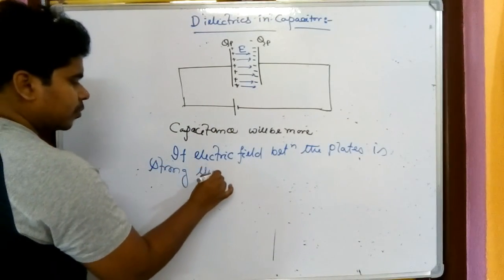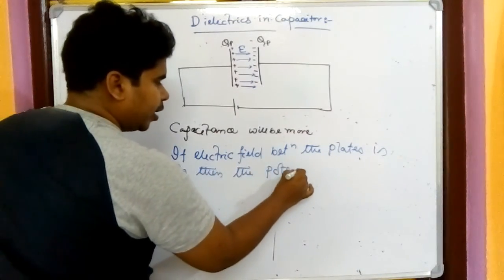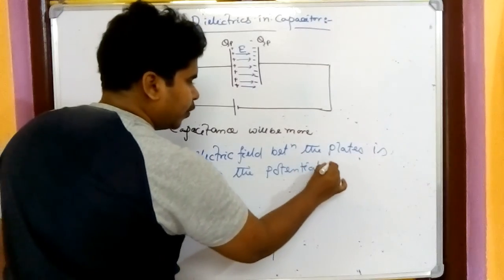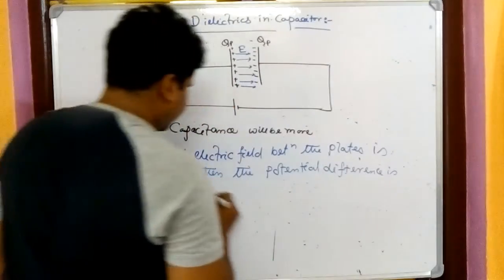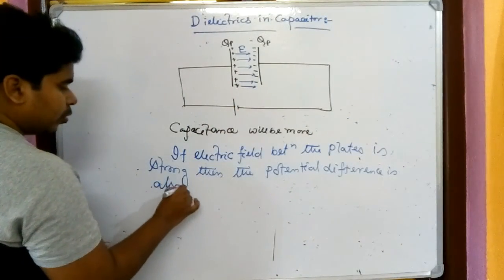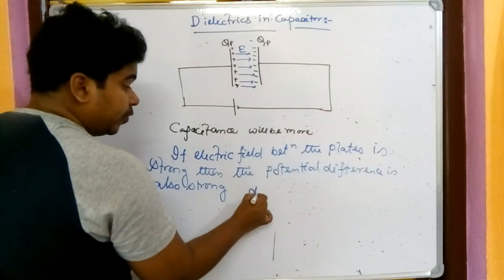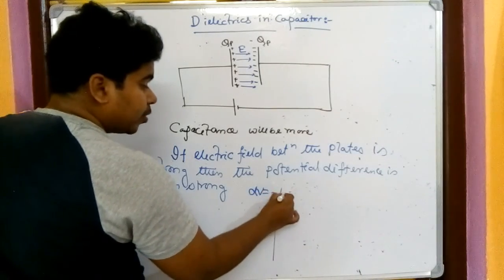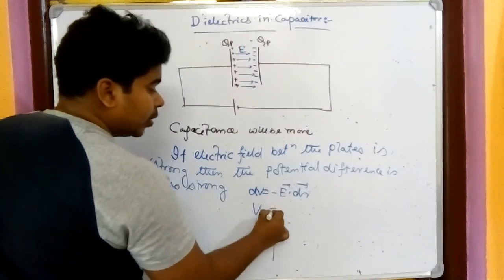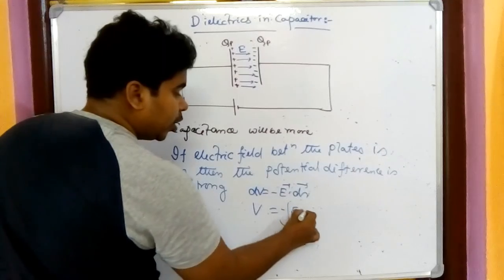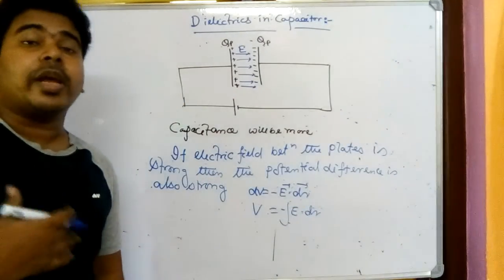then the potential difference is also strong, because we have learned that dV equals minus E dot dr, or V equals the integration of E dot dr. So the more the electric field, the more the potential.